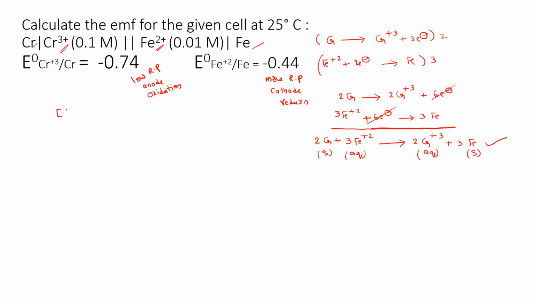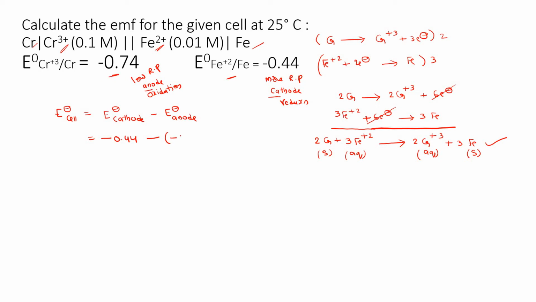We calculate E naught cell. E naught cell is equal to E naught cathode minus E naught anode, right? Now E naught cathode is what? This is the cathode, no? The reduction potential here is minus 0.44, minus E naught of the anode, this one is the anode, no?